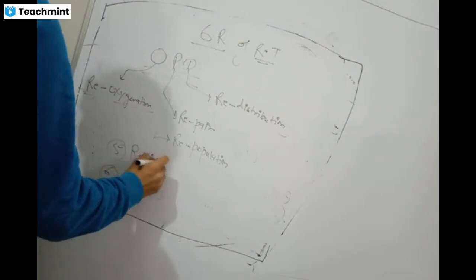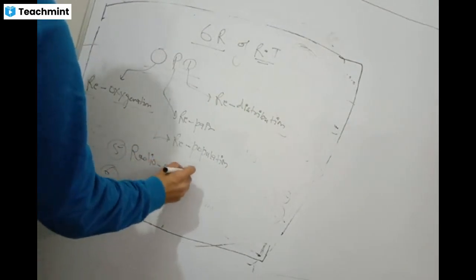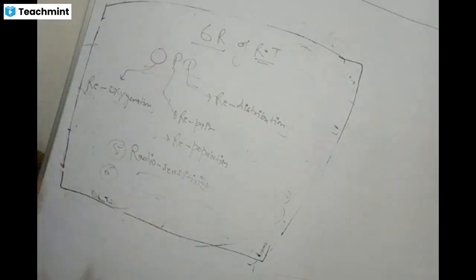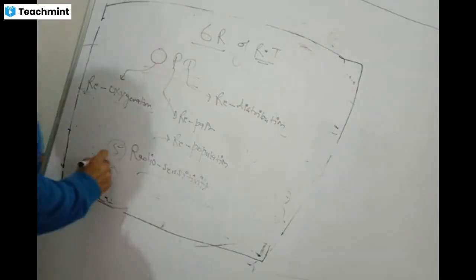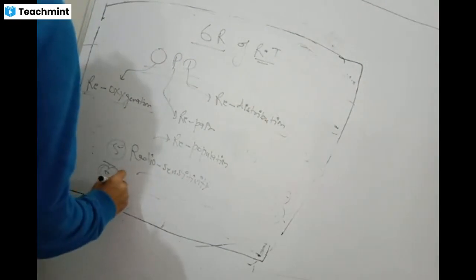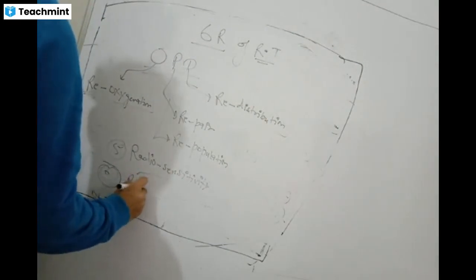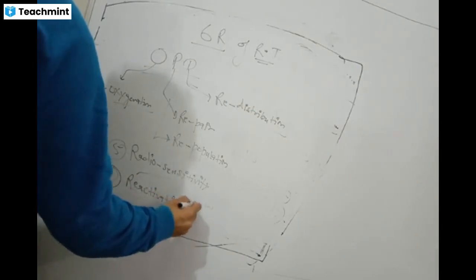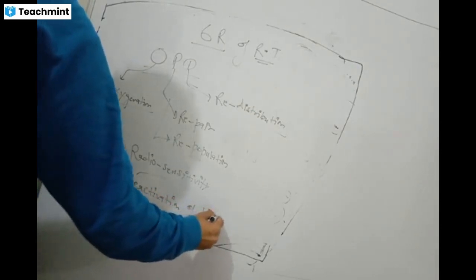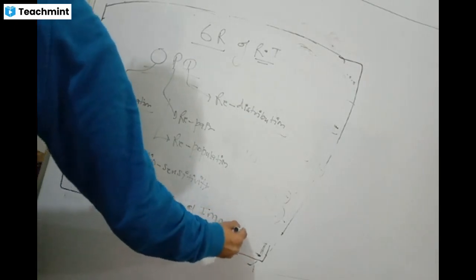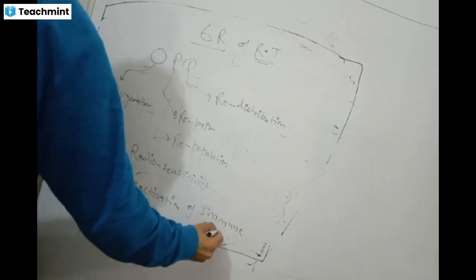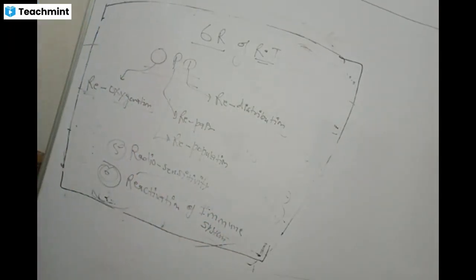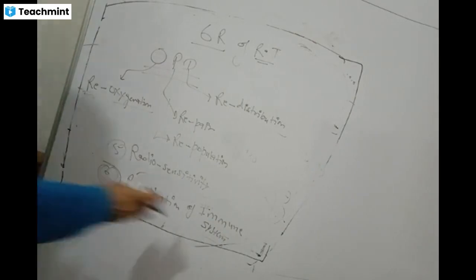Number 5 is radiosensitivity. And the 6th, which is the latest one, is reactivation of immune response, not immune system.